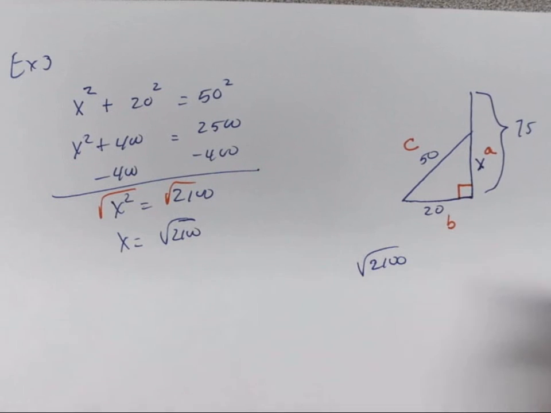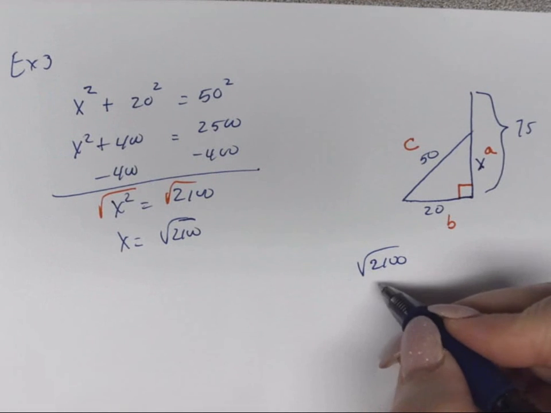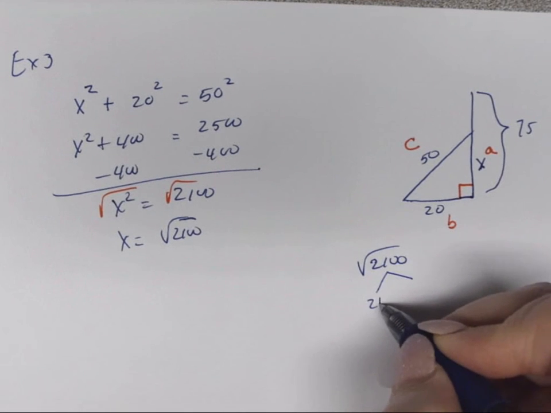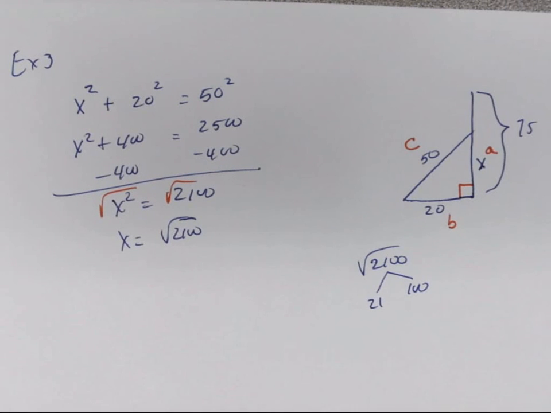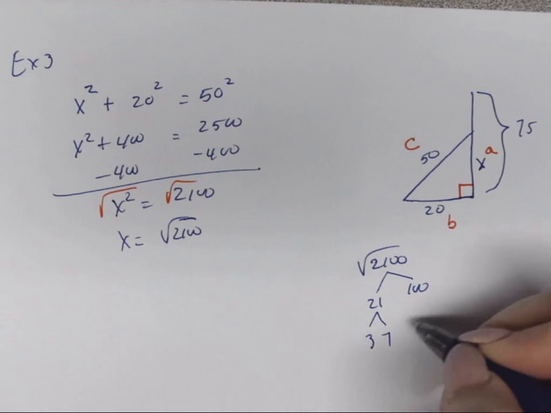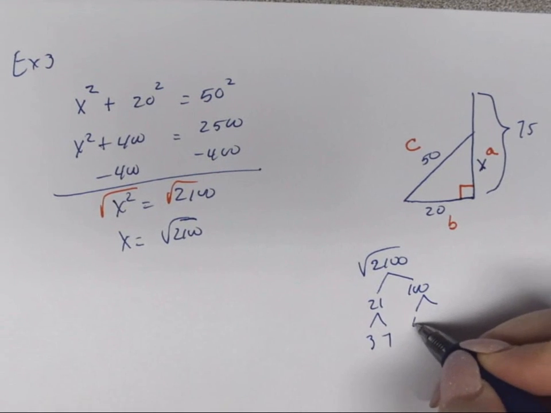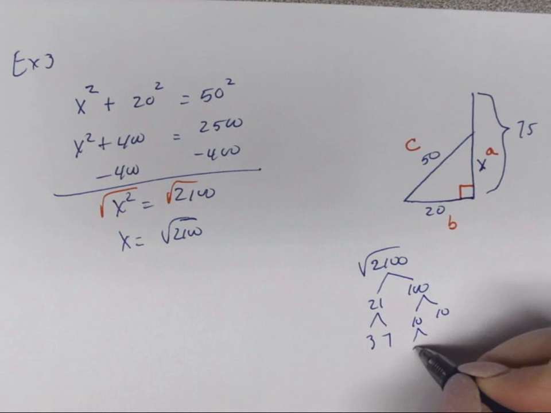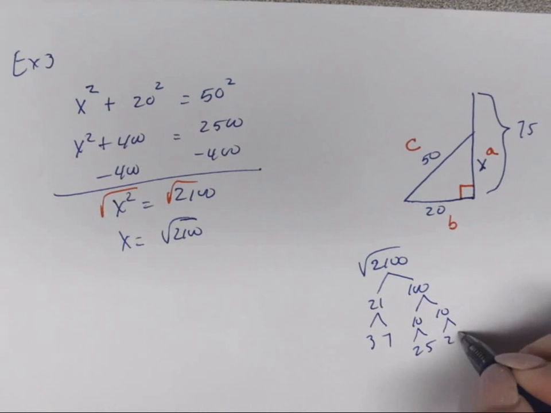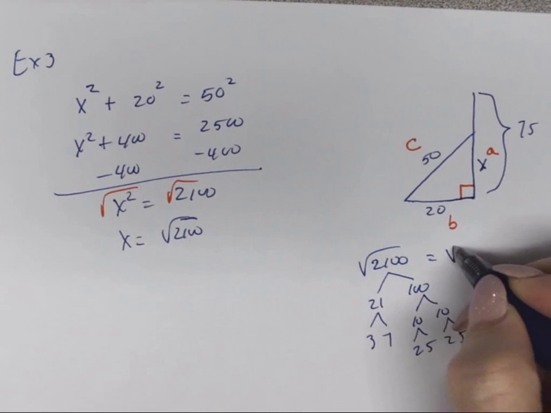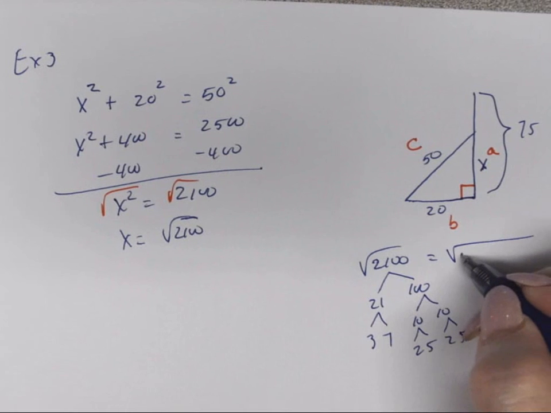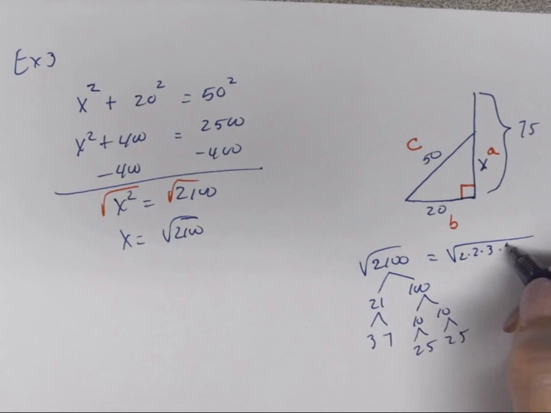I know it ends in 2 zeros, so I know 100 is a factor. So I'm going to do 21 times 100. 21 is 3 times 7. 100 is 10 times 10, and that's 2 times 5 for each of the tens. So square root of 2 times 2 times 3 times 5 times 5 times 7.